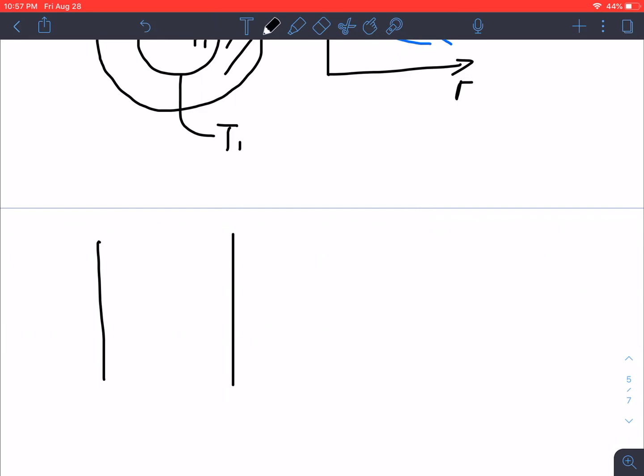So in a steady state 1D slab, a plane wall, or a Cartesian coordinate system, we have two surface temperatures, T1 and T2. What does the temperature distribution look like? This case is linear, right? Why is this linear? Linear means the temperature gradient is a constant.